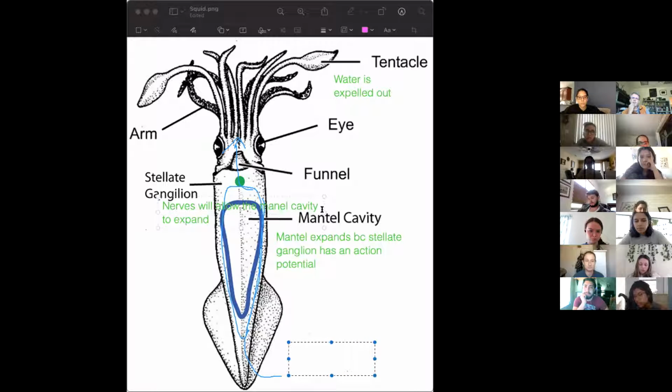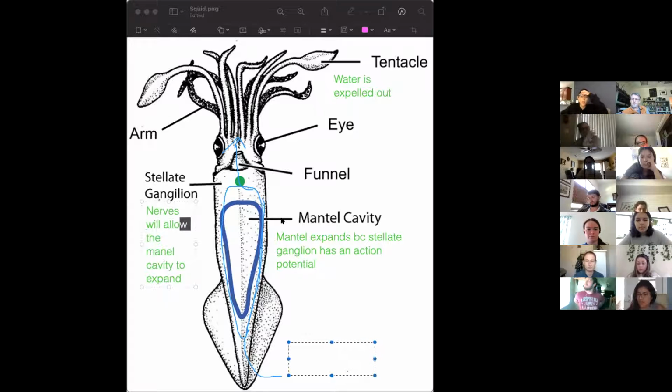Okay. Does the filling of the mantle cavity need to be coordinated? Yeah. In a special way. Okay, well then how would that be accomplished? How does it have to be coordinated and how would it be accomplished? We had said through the chemical neurotransmitters. Why chemical?